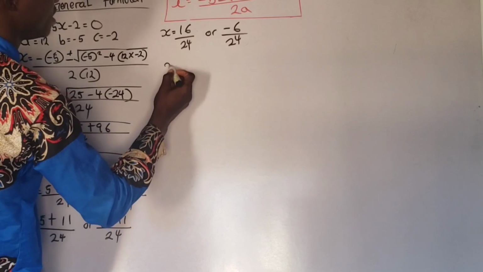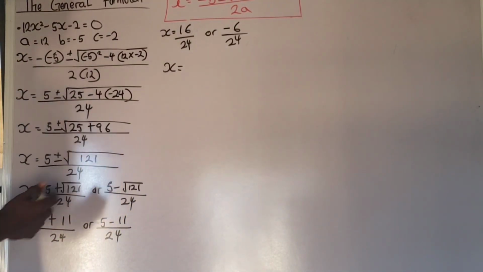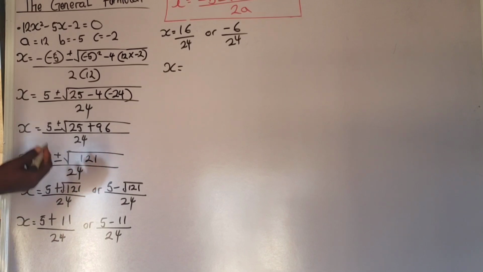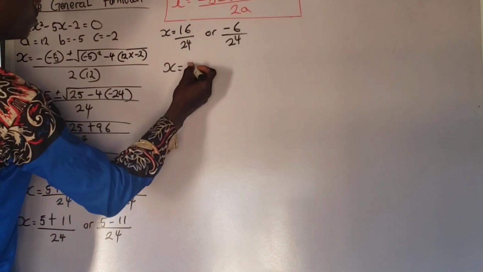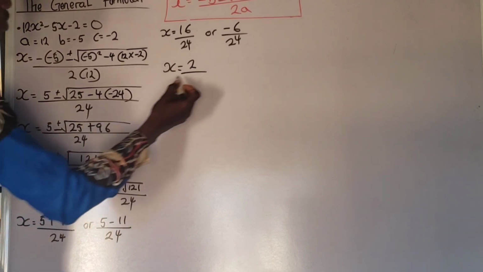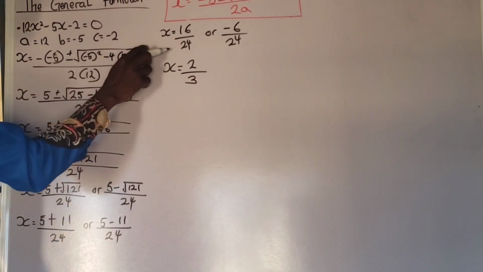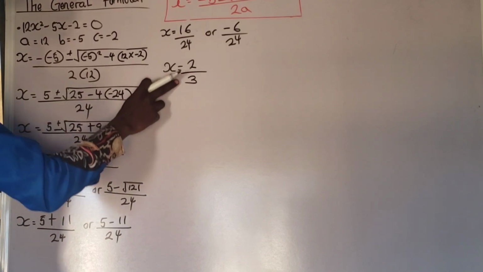Okay, now we can reduce both fractions. What can we use to divide 16 and 24? We can use 8. So 16 divided by 8 is 2, and 24 divided by 8 is 3. So I'm going to have 2 all over 3.